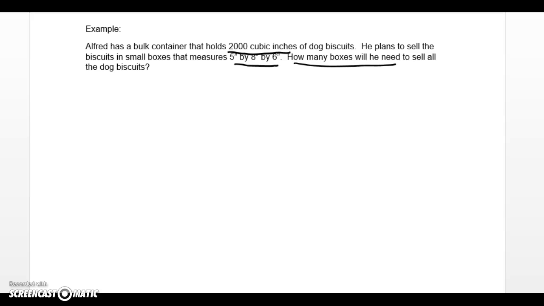Here we're given the volume of the big container, and then the measurements of these small boxes that are going to fit inside of that big container. So what we need to do is first find the volume of one box, and then see how many times that will fit into that bulk container.